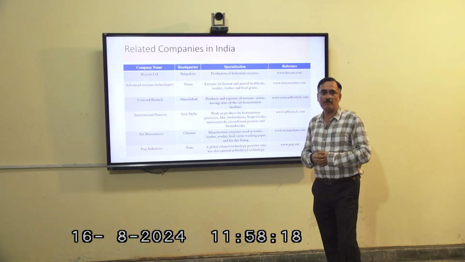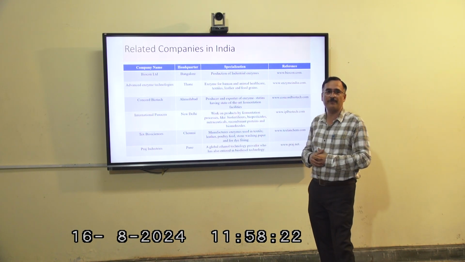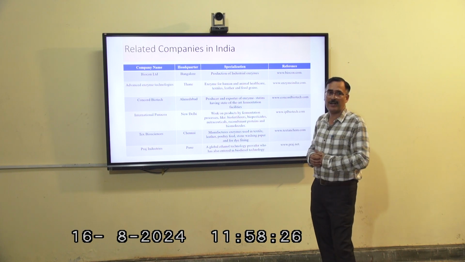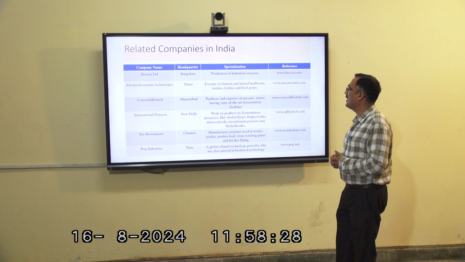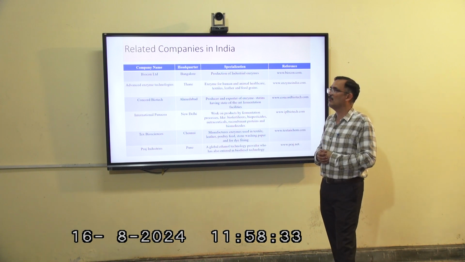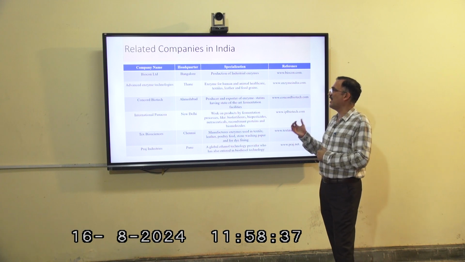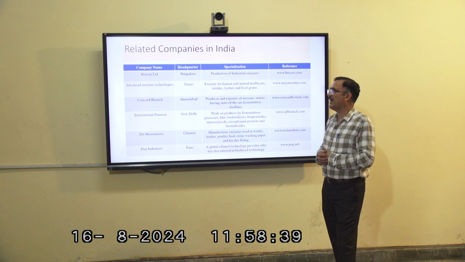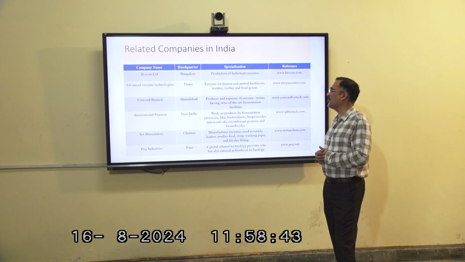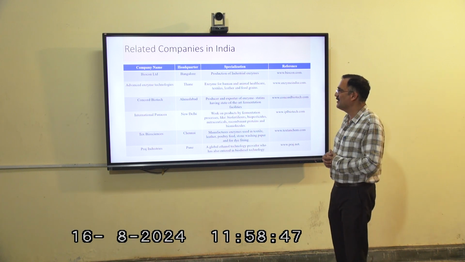These are some of the companies working in India in the field of industrial biotechnology, like we have Biotechnology Limited in Bangalore, where we have large scale production of industrial enzymes. We have Advanced Enzyme Technologies in Thane, enzymes for human and animal healthcare, textile, leather and food grains. We have Concord Biotech in Ahmedabad, a producer and exporter of enzyme strains, having state-of-the-art fermentation facilities.